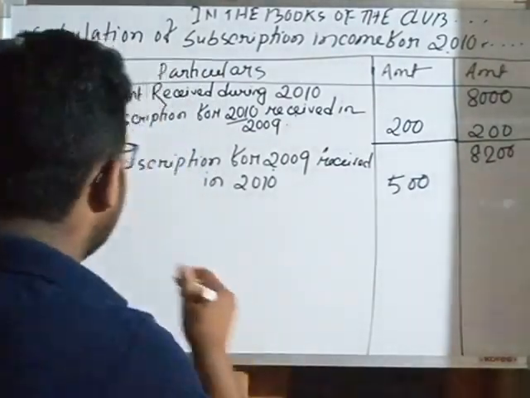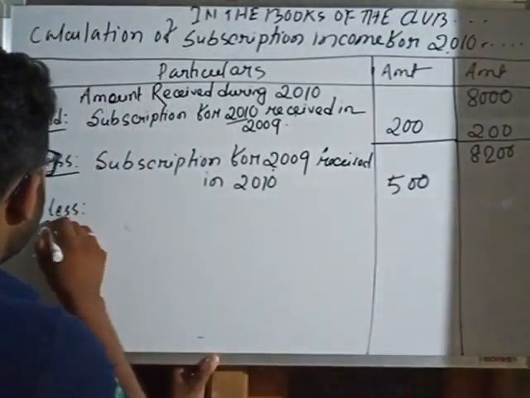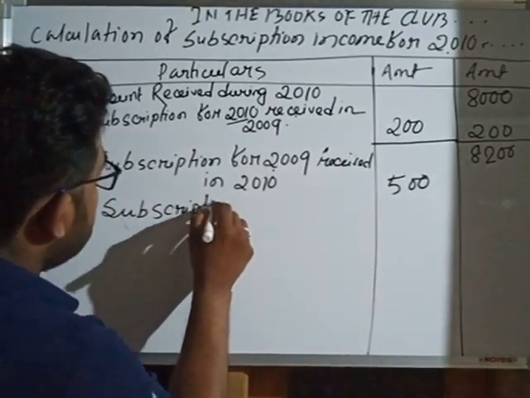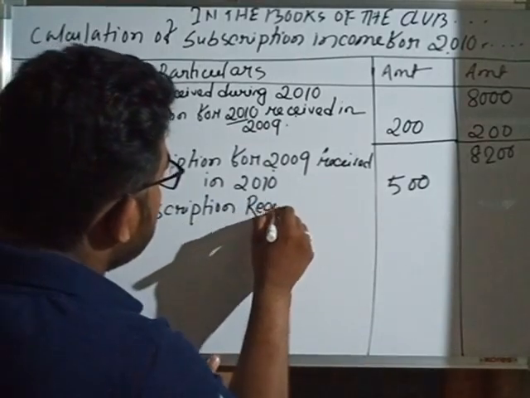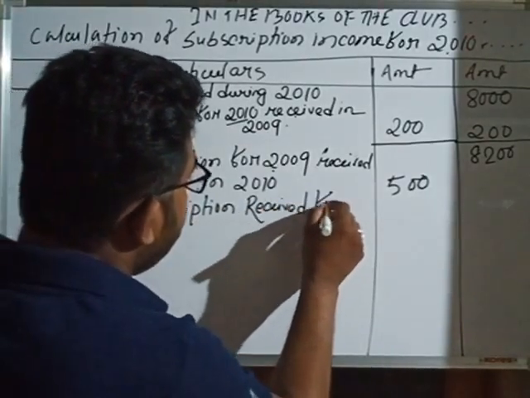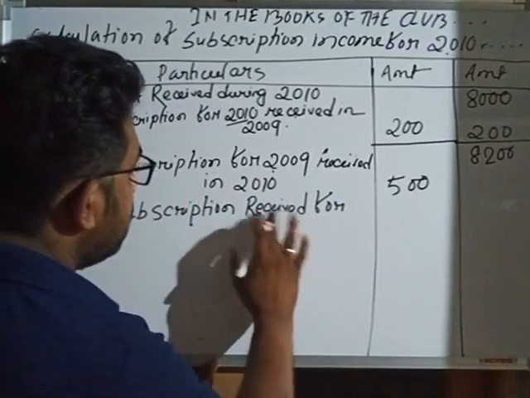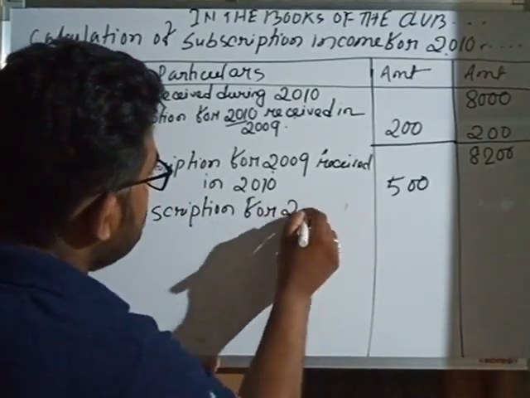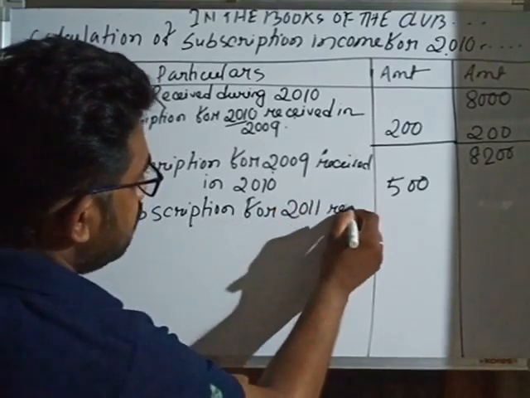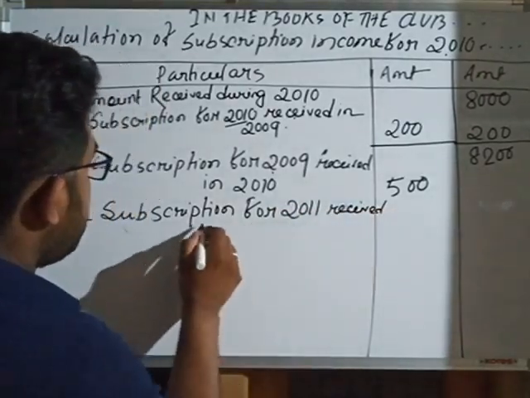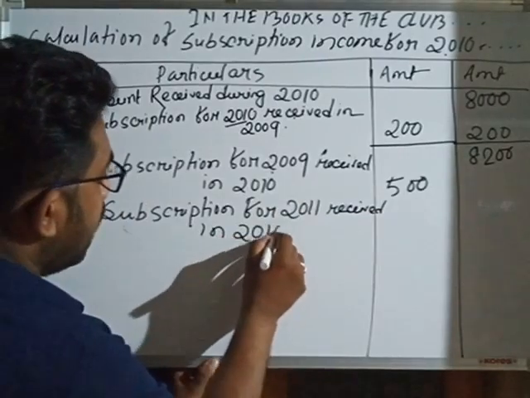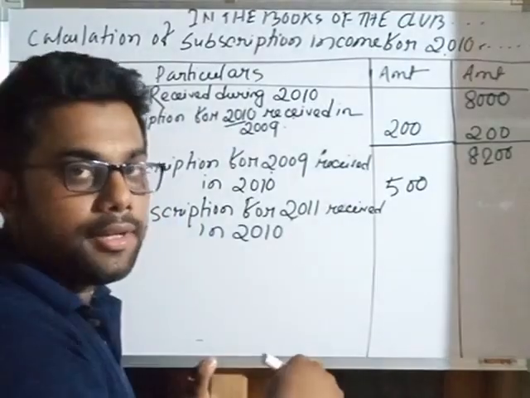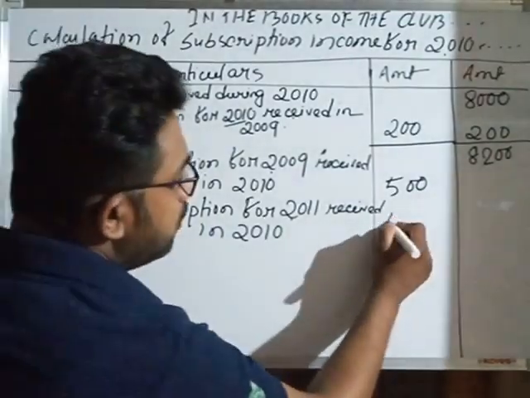So you have to less that item. Less subscription for 2011 received in 2010. It is for the future year, not for the current year, so we have to less that item, and the amount is 500.